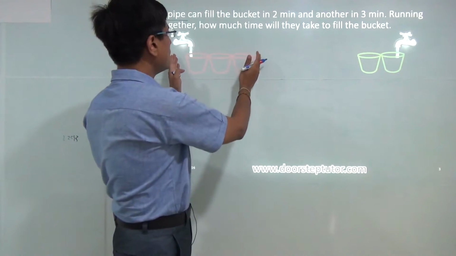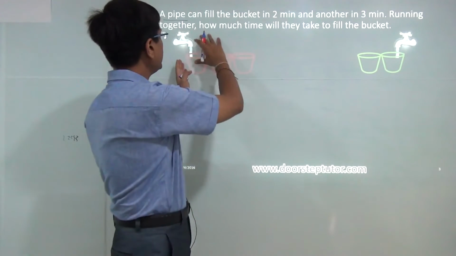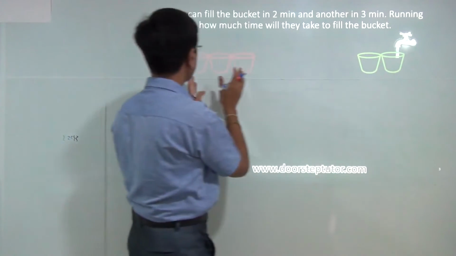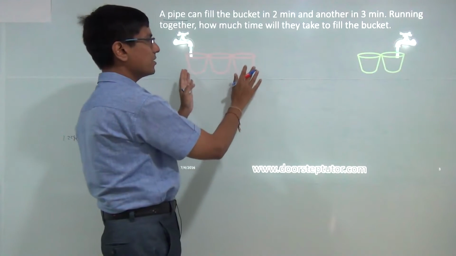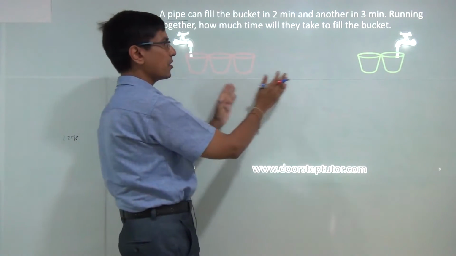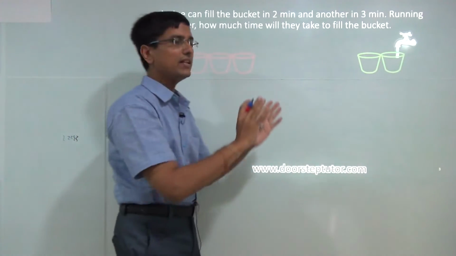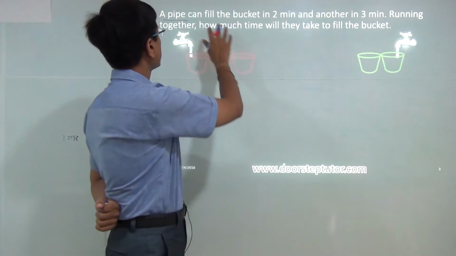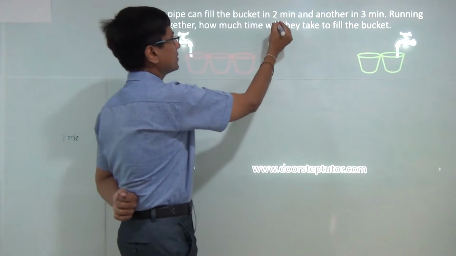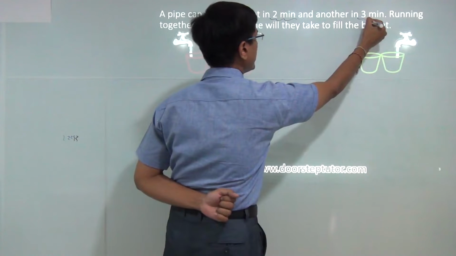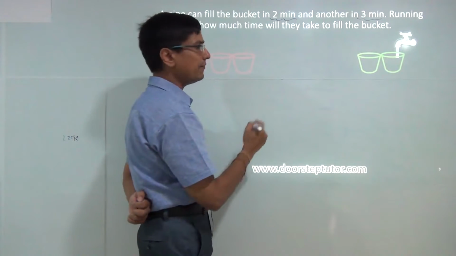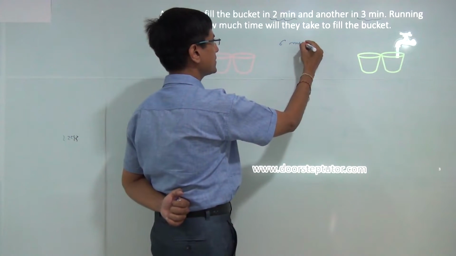Assume that instead of working on a single bucket, these two pipes are now filling n number of buckets. This pipe can separately fill a certain number of buckets, and this pipe can separately fill a certain number of buckets. The times we are given are 2 and 3. Let's take the LCM of 2 and 3, which is 6 minutes.